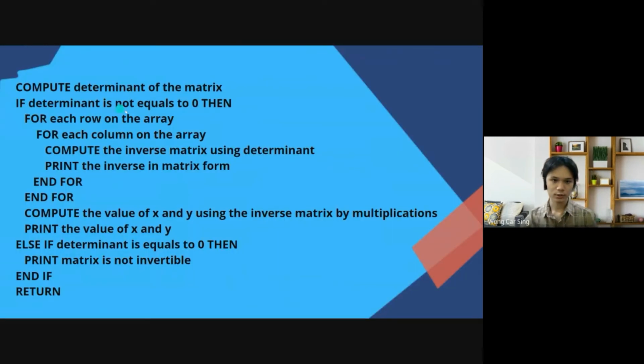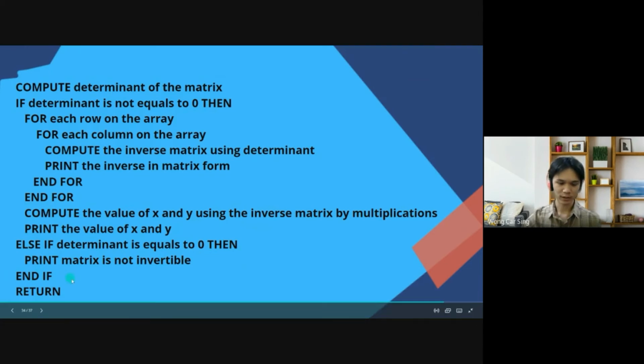If the determinant is not equal to 0, then in the nested for loop, compute the inverse matrix using the determinant, and then print the inverse matrix in matrix form. And then compute the values of x and y using the inverse matrix by multiplication, and then print the values of x and y. Else if the determinant is equal to 0, then print that the matrix is not invertible.